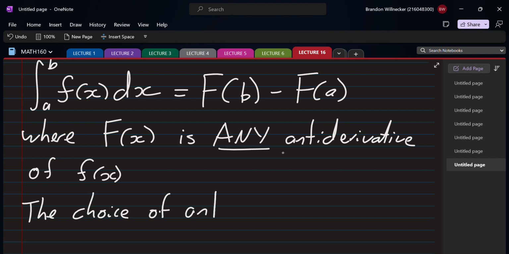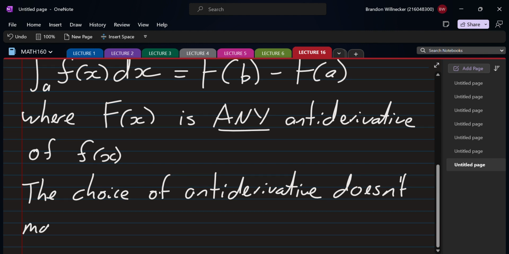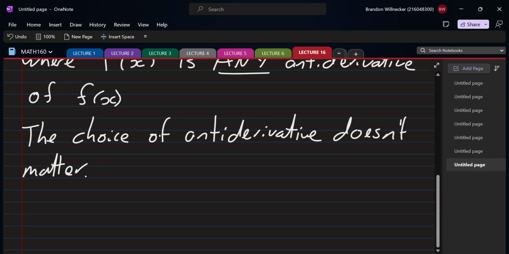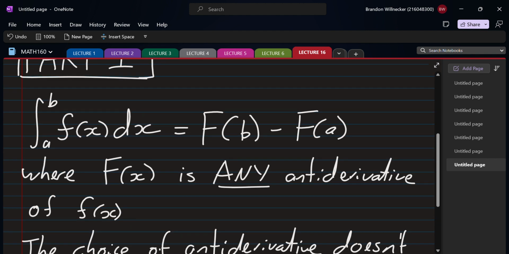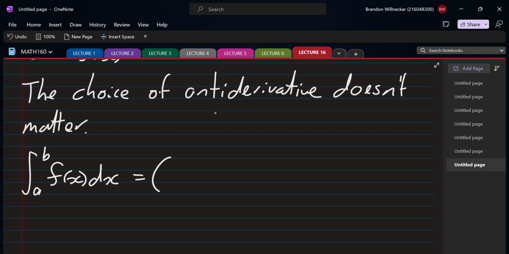The choice of antiderivative doesn't matter. You can pick any constant c, it makes no difference. The proof is very easy. We have the integral from a to b of f of x dx is equal to any antiderivative evaluated at b, so that's capital F at b plus c.